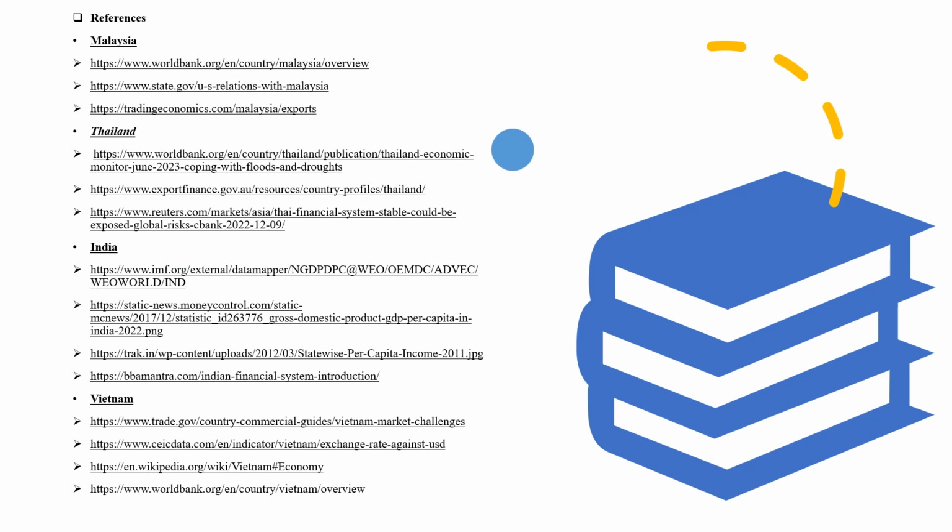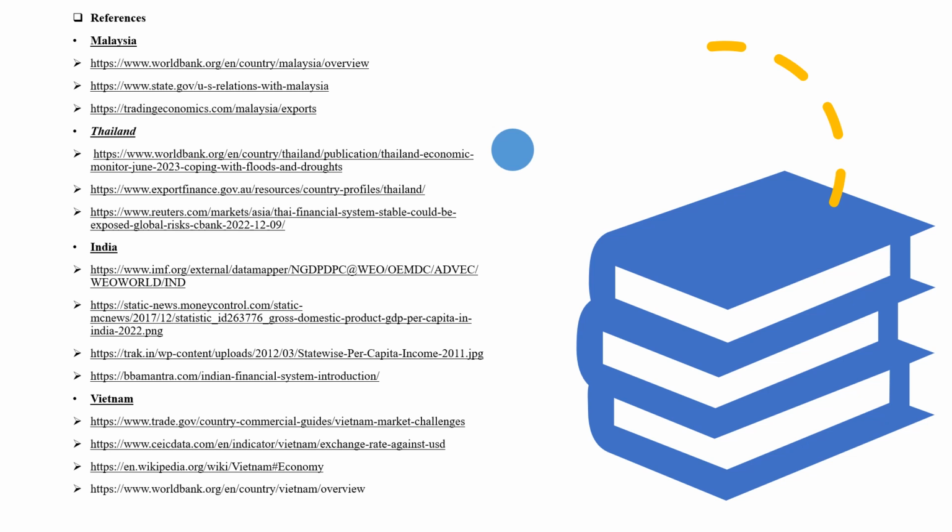The references for these inputs were taken from several websites. Some are taken from the World Bank, and some from Trading Economics, and most of the exchange rates are taken from the World Bank, as they have the actual figures of the exchange rates of each and every country.